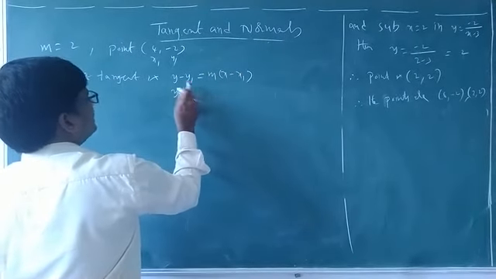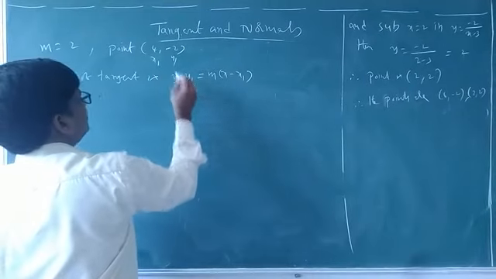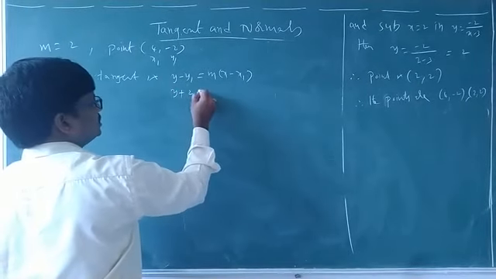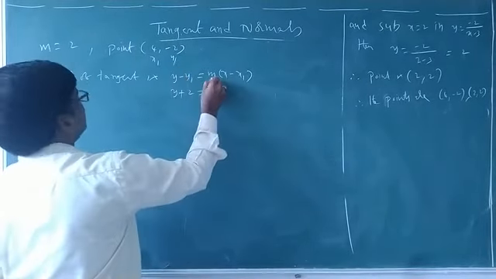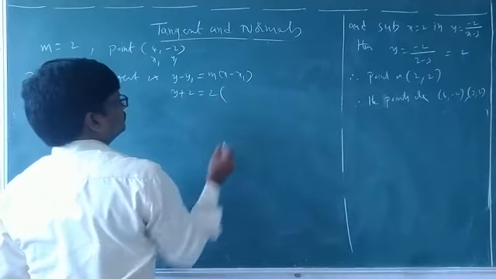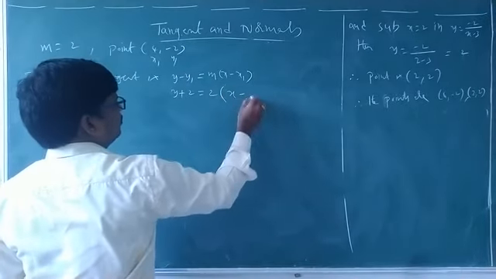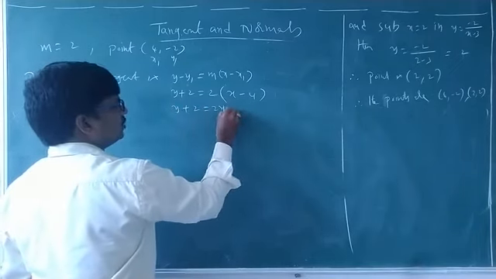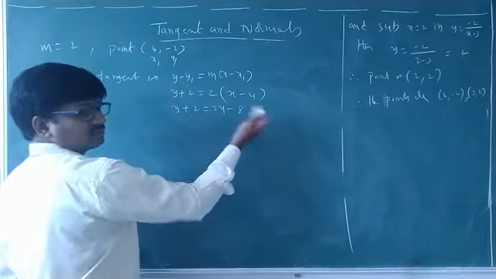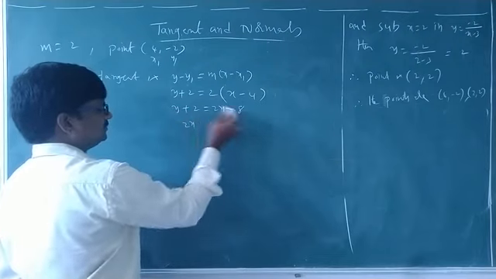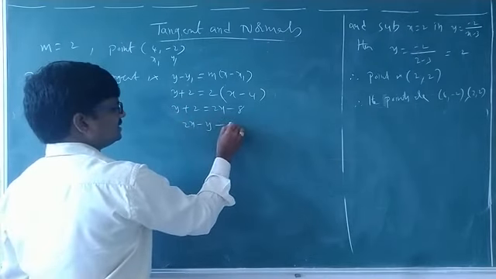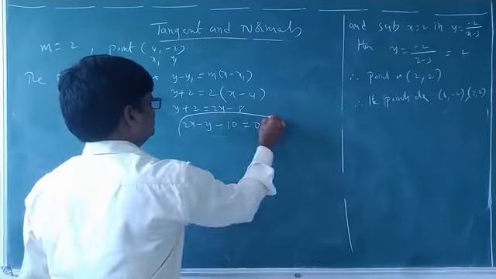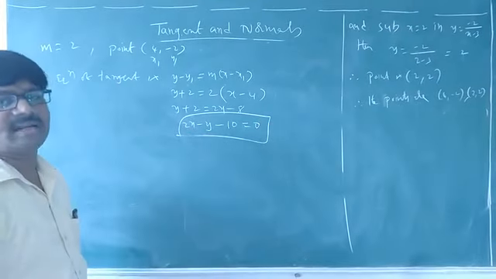So y1 means minus 2, so y plus 2 is equal to 2 into (x minus 4). Similarly, y plus 2 is equal to 2x minus 8. Transferring all to this side, 2x minus y minus 10 is equal to 0. It is one line equation, nothing but the tangent line equation.